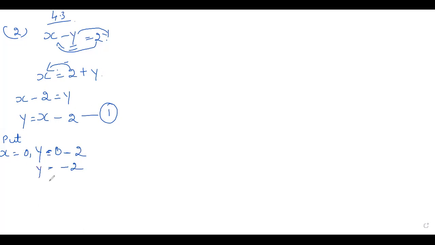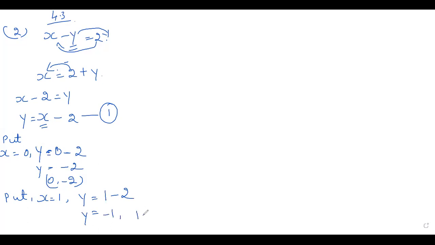So what are the points here? 0, comma, minus 2. Now put x is equal to 1. Then y is equal to, when x is 1, substitute here, 1 minus 2, that is minus 1.